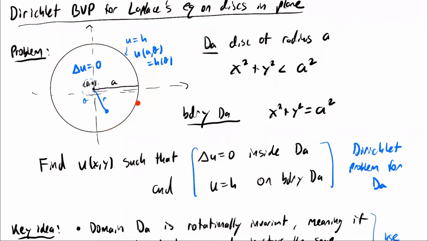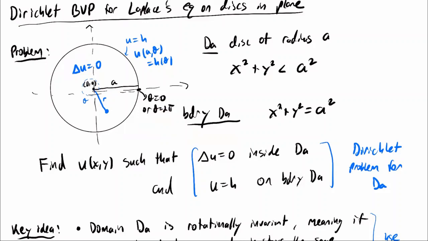But right over here, when we come back to theta equals 2 pi, well, these are describing the same point. And so we need to require h to have the same value at one point. h is a function, it can't take two different values at the same point. And so therefore we want to require that h of 0 is equal to h of 2 pi. So this is a periodic condition.